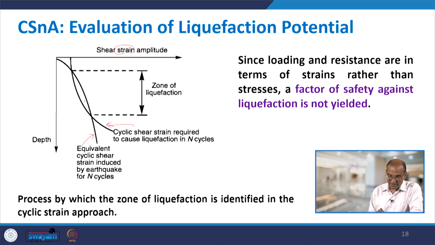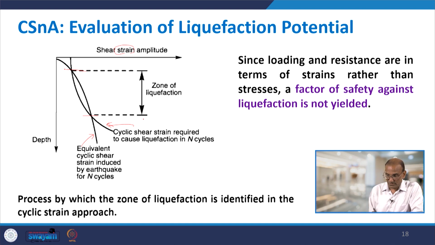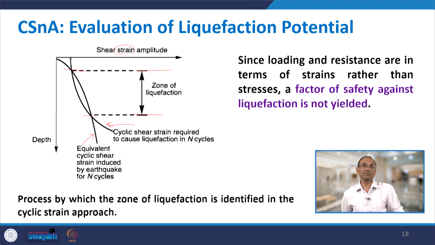So, the loading strain caused in this depth from here to here due to the earthquake is more than the liquefaction resistance of the soil, which is in terms of cyclic strains. So, basically this will be your zone of liquefaction. Liquefaction will occur along this depth, and this can be determined by comparing two cyclic strains: one due to earthquake loading, another the liquefaction resistance of the soil in terms of cyclic strains.